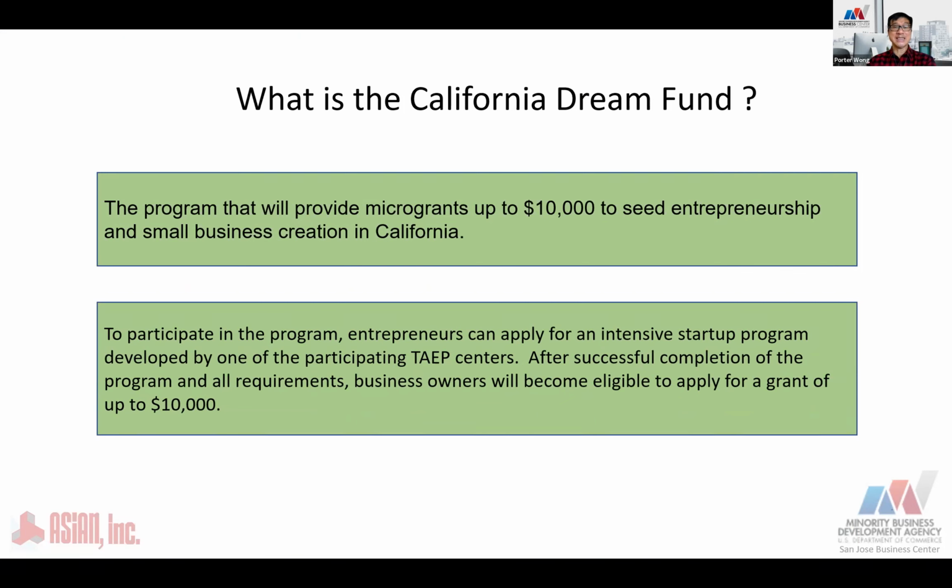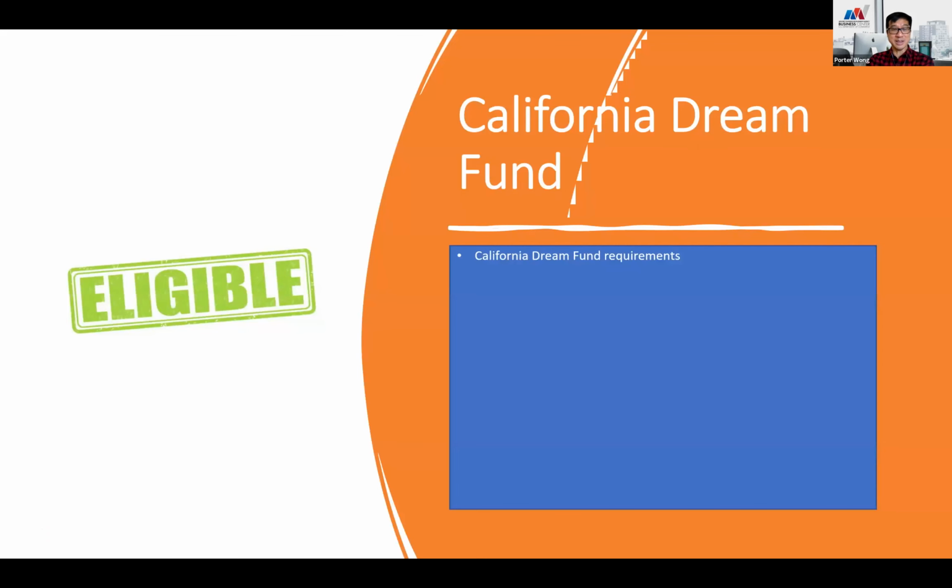They are mostly SBDCs, but again, the MBDA San Jose Business Center and also Asian Link are operators. You can contact us if you're interested in applying for the grant. You can get up to $10,000 that doesn't need to be repaid, so by all means, if you meet the eligibility, you should really go for it.